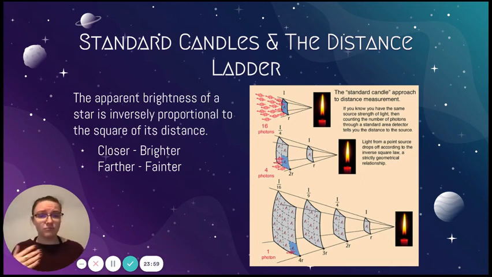This is going to be a really recurring thing in this unit and throughout the rest of the year: the inverse square law, that as things move away, the brightness decreases with the inverse square, or is proportional to the inverse square. That is what you're going to be looking at for the rest of class today. It's an assignment shared with me by Mr. Davies at Liberty about how I can measure how bright something is based on its distance.